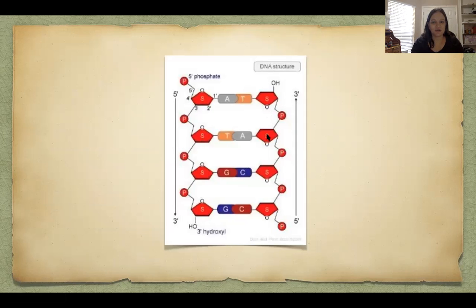And on this side, the sugar is at the bottom, right? It's upside down compared to this side. So that's anti-parallel. So we read things from the 5' end to the 3' end. So you would read these two sides oppositely.